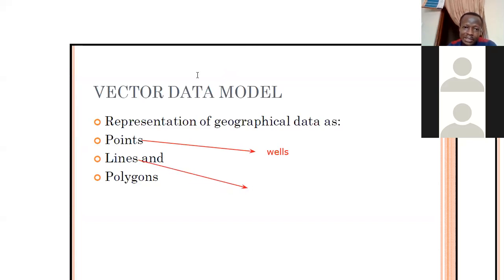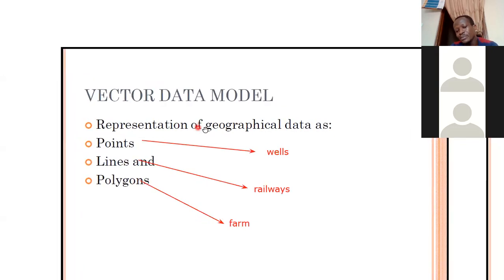These are examples, and there are loads of objects that can be represented. Then for polygons, I want to go for farm, so my farm can be represented as a polygon. That is all there is to the vector data model.